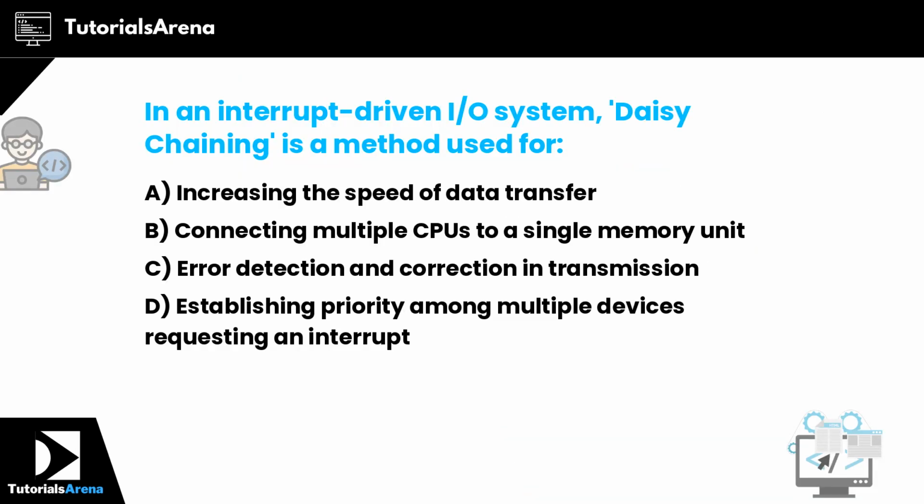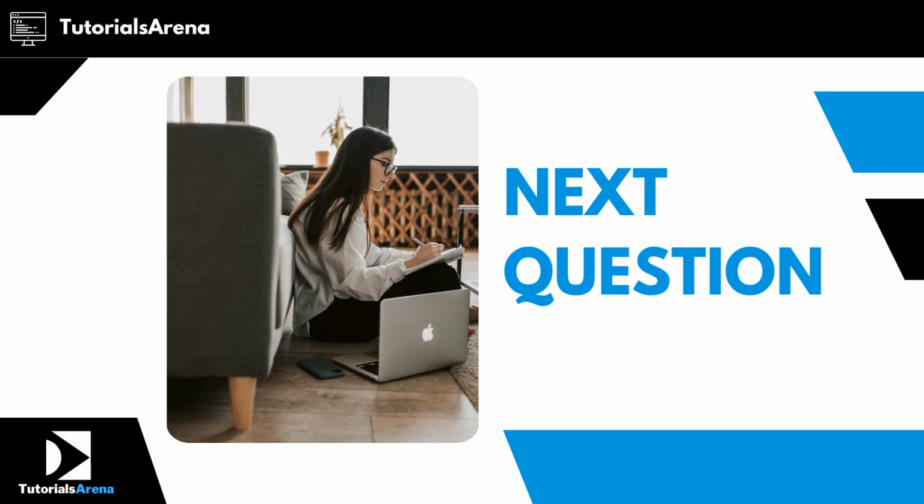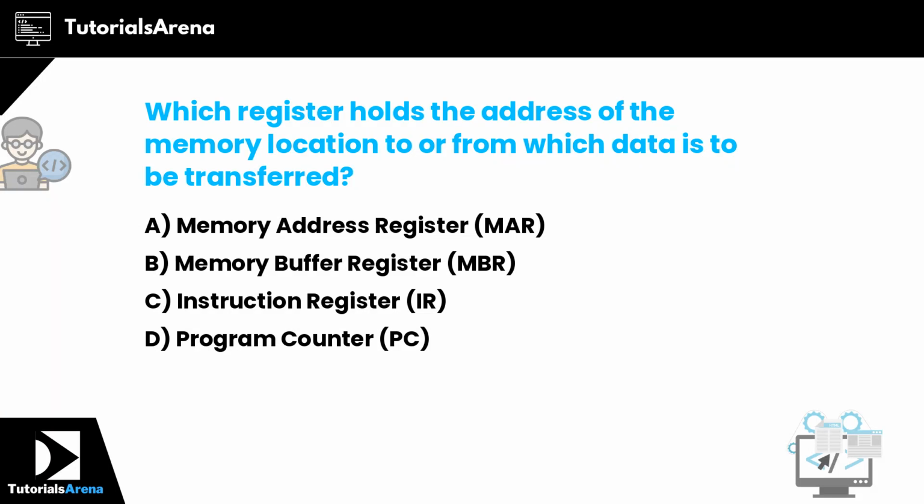In an interrupt-driven I/O system, daisy chaining is a method used for. The correct answer is option D, establishing priority among multiple devices requesting an interrupt. Which register holds the address of the memory location to or from which data is to be transferred?